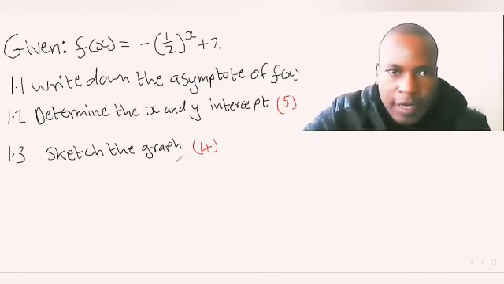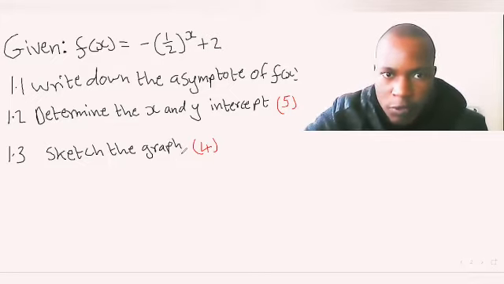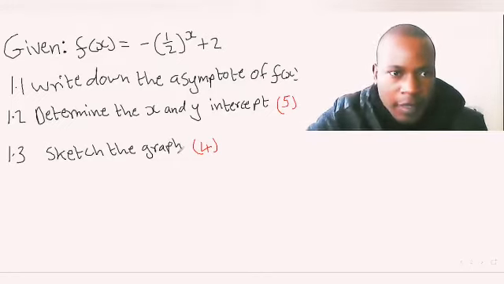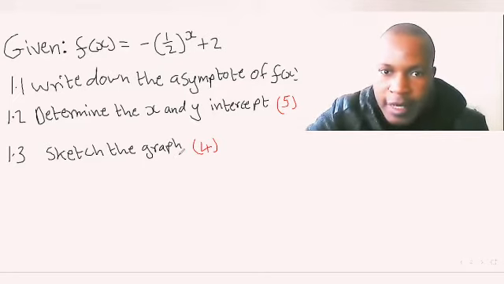Now, given f of x equals negative a half to the power x plus 2, that's the exponential function given. Question 1.1 wants us to write down the asymptote of f of x, and that in itself would just be 1 mark.